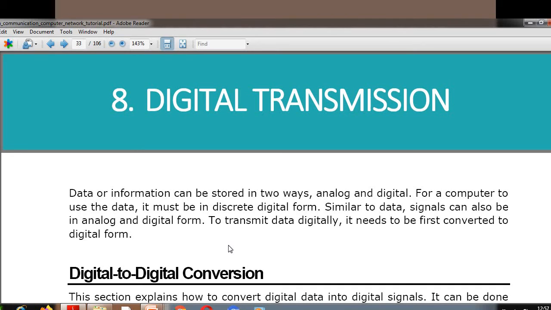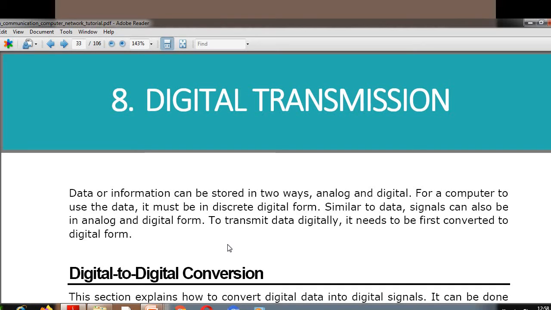A signal that includes a wide range of varying values of intensity over a period of time is referred to as an analog signal. And a signal that has only a finite range of values, generally 0s and 1s, is referred to as a digital signal. So this is the basic terminology.